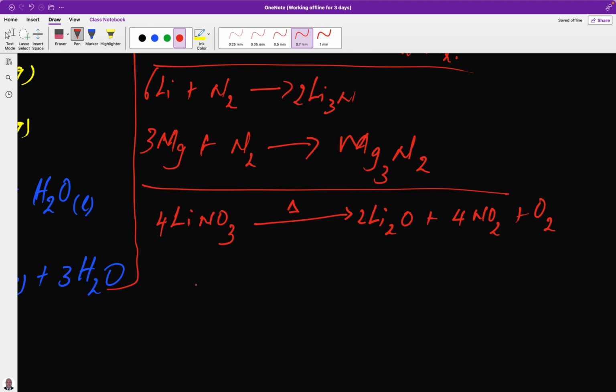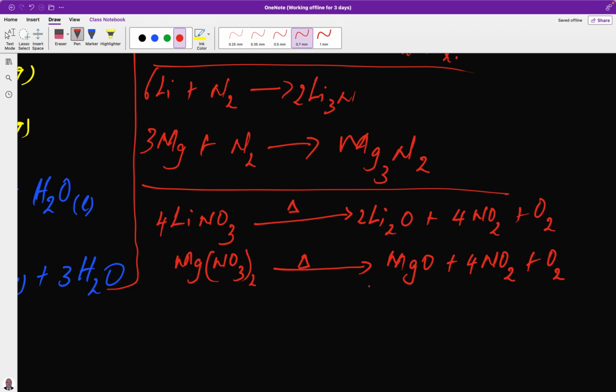Now magnesium on the other hand, magnesium nitrate, on heating will give magnesium oxide plus nitrogen dioxide, and plus oxygen.